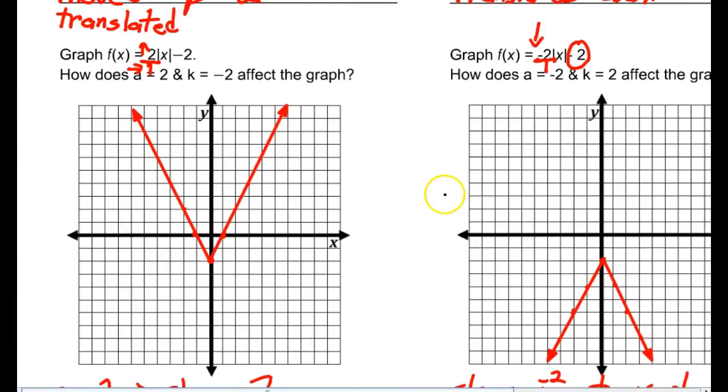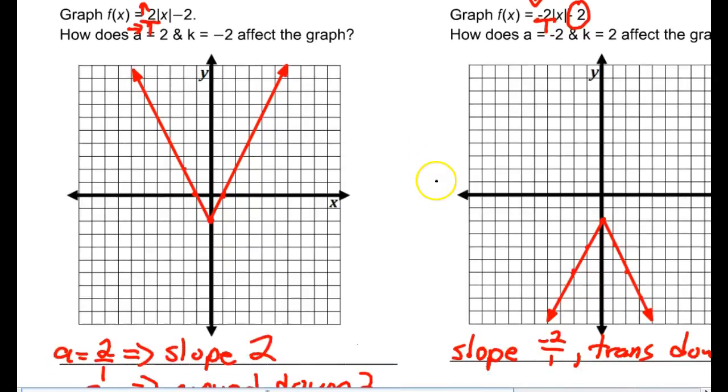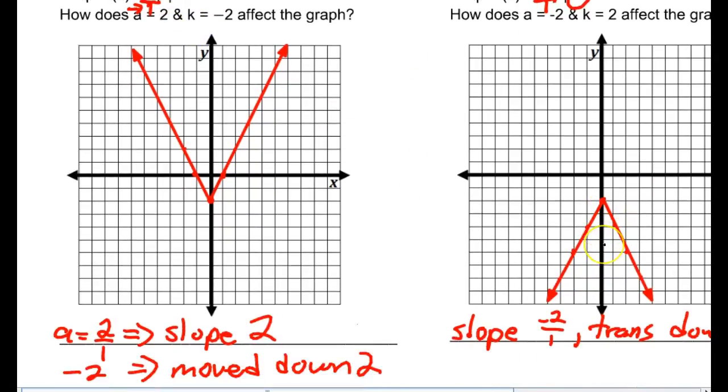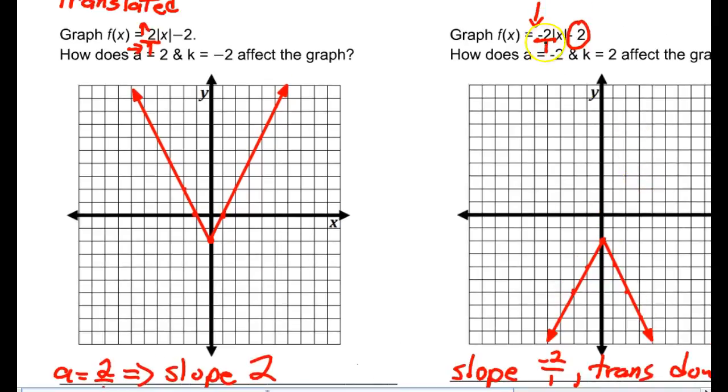When we're walking around, we can check really fast to see if your graphs are right. If they're not facing the right direction, we can tell before we even see the rest of the graph that, well, it's a negative and it's not opening down, something's wrong. So do a self-check on each one of those. Make sure it's opening in the right direction.